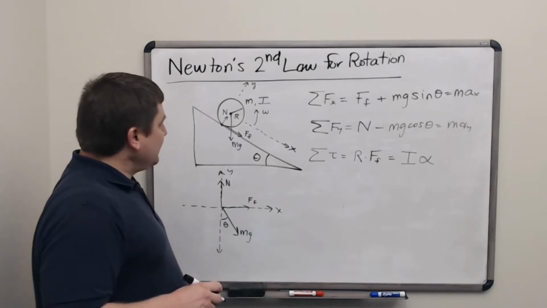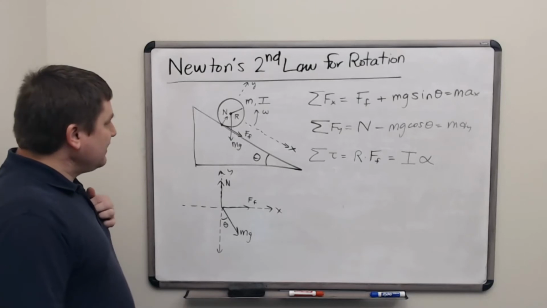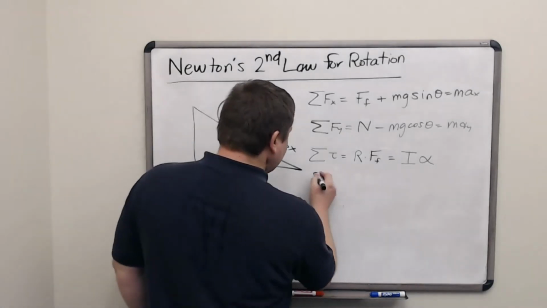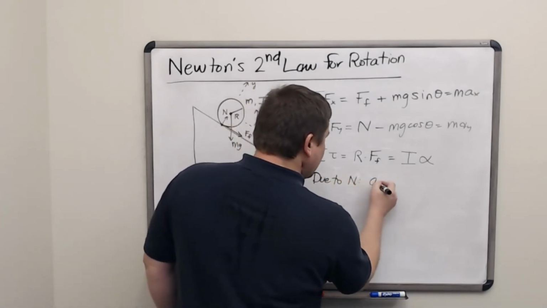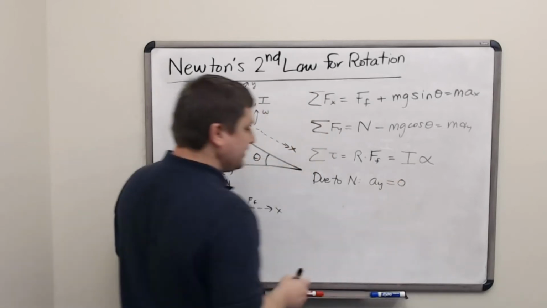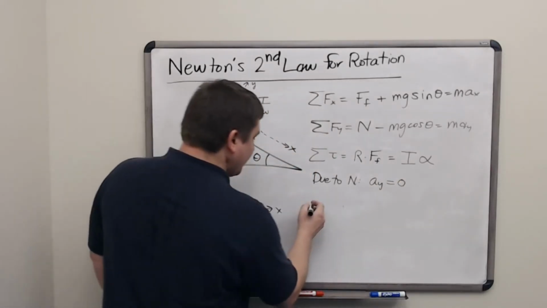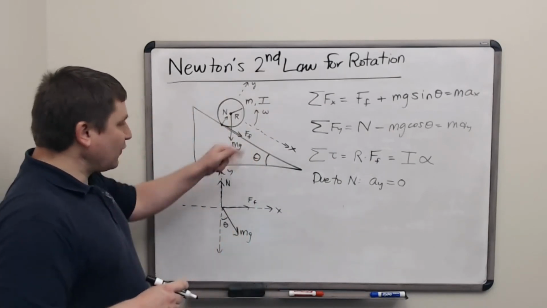Now we've got to think about our constraints in this situation, and there's one constraint that's always there, and that is due to the normal force. Due to the normal force, the y component of acceleration is 0. Now the other one that could cause a force of constraint is the force of friction.